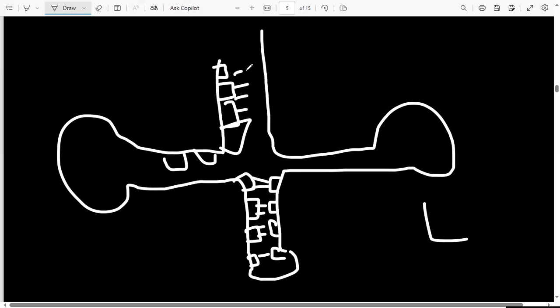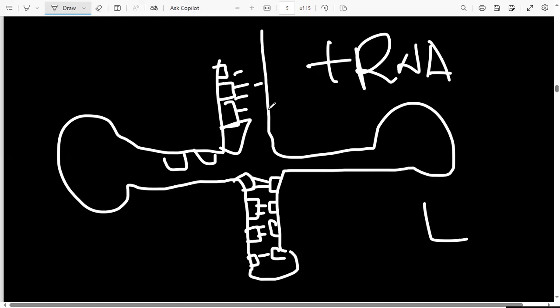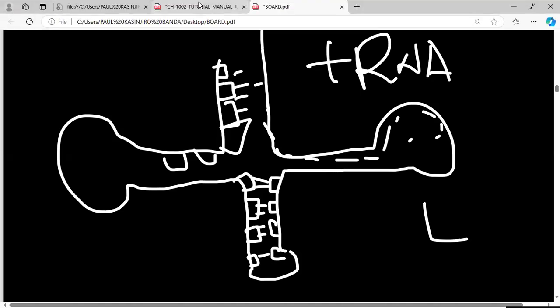So as a result, the mRNA, the bonds are not so much. So the one that is more hydrogen bonded is the tRNA. Because of its shape here, it has a lot of hydrogen bonds. Everywhere here it has hydrogen bonds.